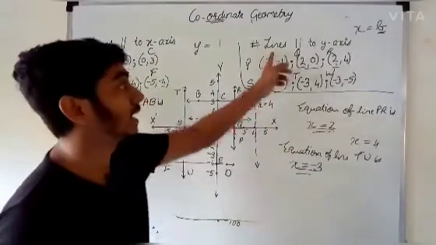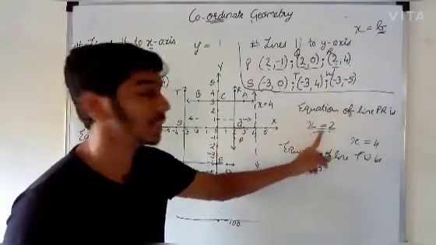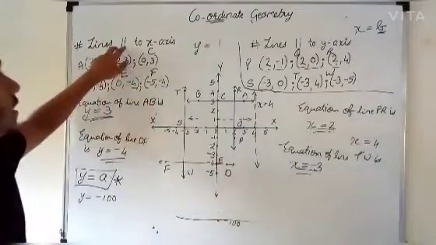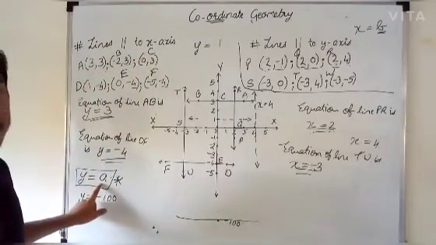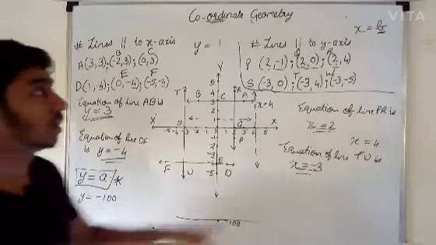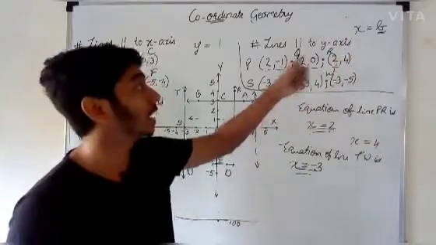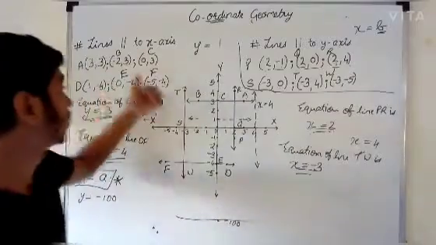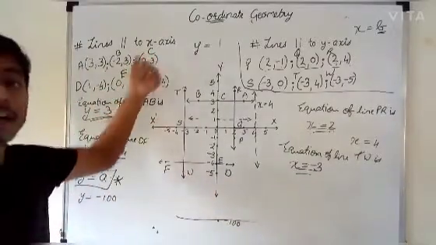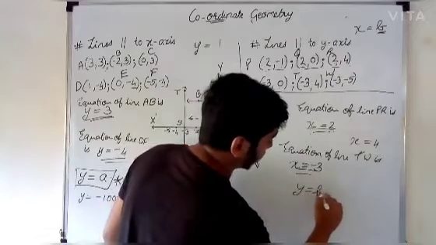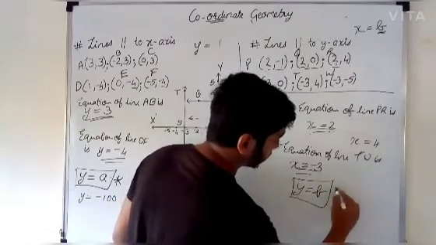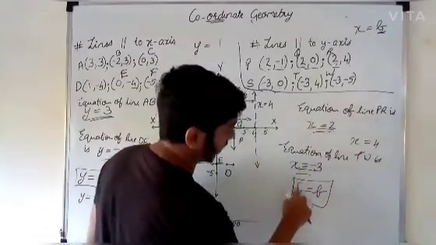The line parallel to y-axis is X equal to something, and the line parallel to x-axis is Y equal to something. It can be any value. Here X equal to something for a line parallel to y-axis, and Y equal to something for a line parallel to x-axis. So I'll write it here, Y equal to B, sorry, X equal to B.